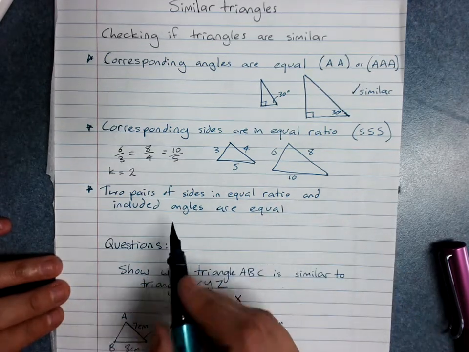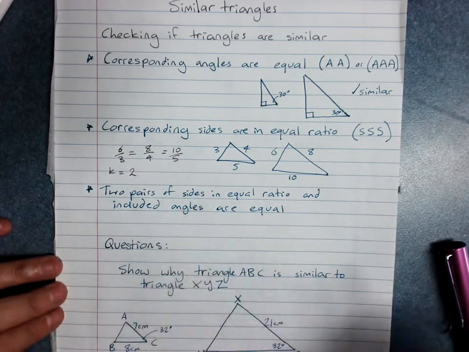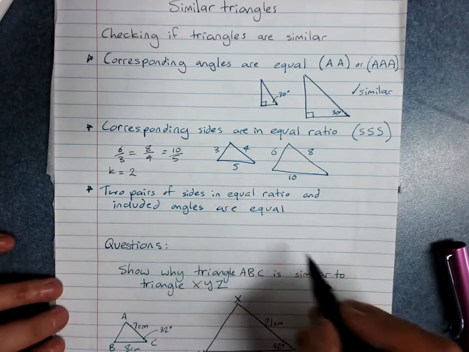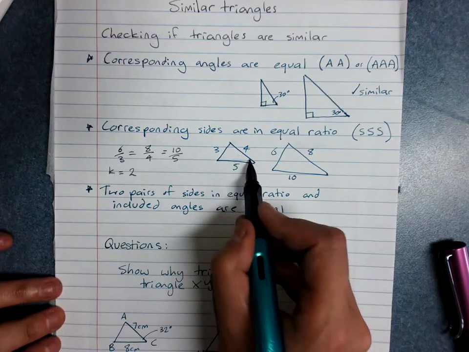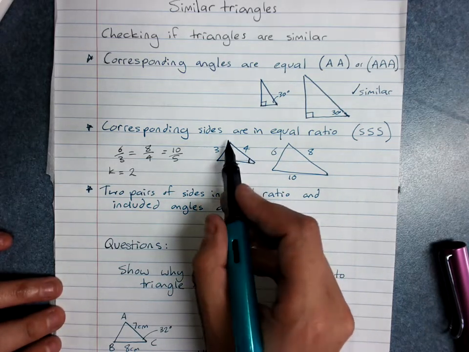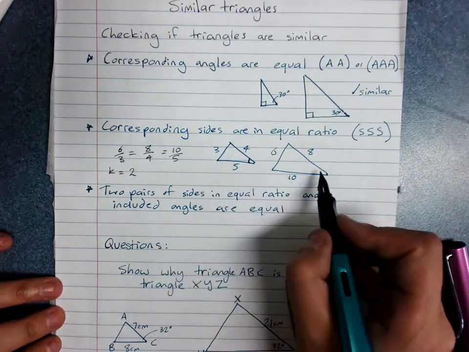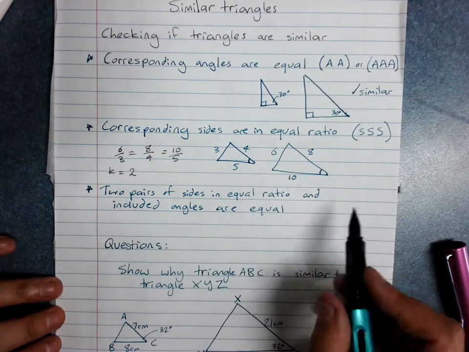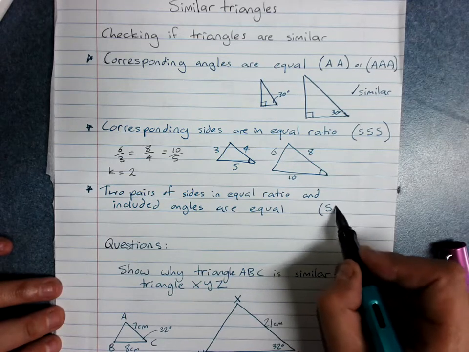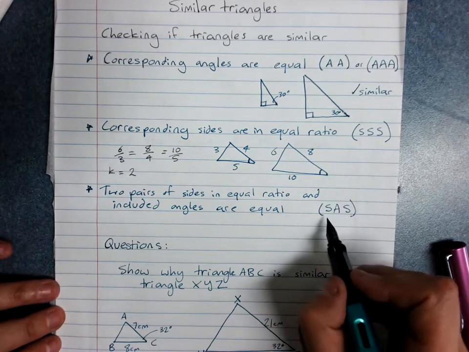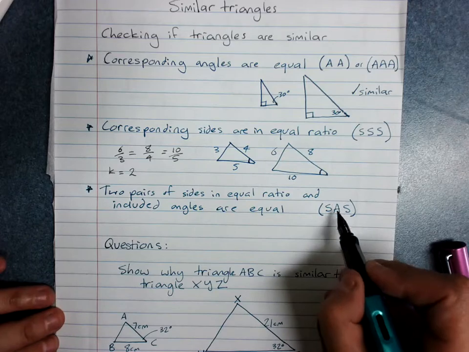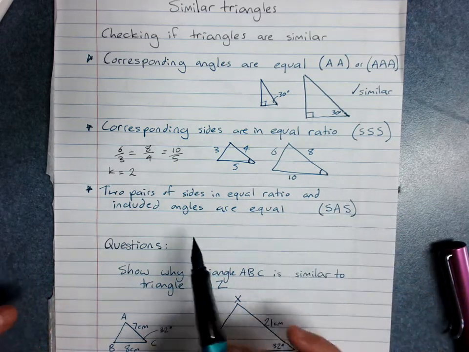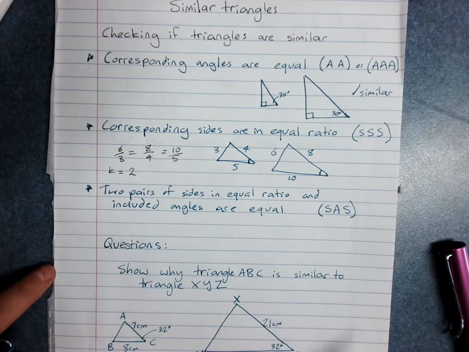Now, what I mean by the included angle is it's the angle included between the two pairs of sides that we're talking about. So this angle is included between side 4 and 5, and it matches this angle included between side 8 and 10. This is the side angle side rule, and by writing it side angle side, we remember that the angle has to be in between the two sides. And I'll do an example with that rule here.